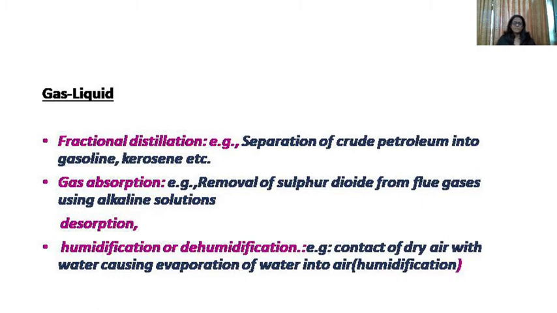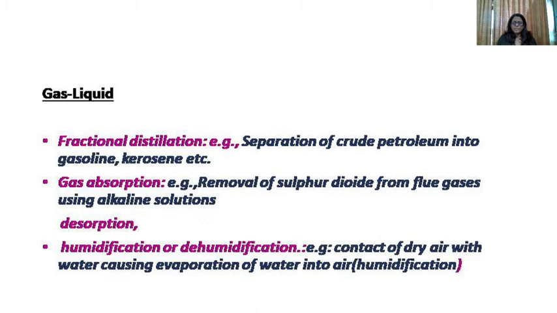Then comes the second important operation under the gas liquid category. It is gas absorption. As we have already discussed in previous slides about absorption, it's an operation involving the contact of a gas mixture with a liquid solvent where the components of gas are transferred into the liquid phase, thereby achieving their separation from the original mixture.